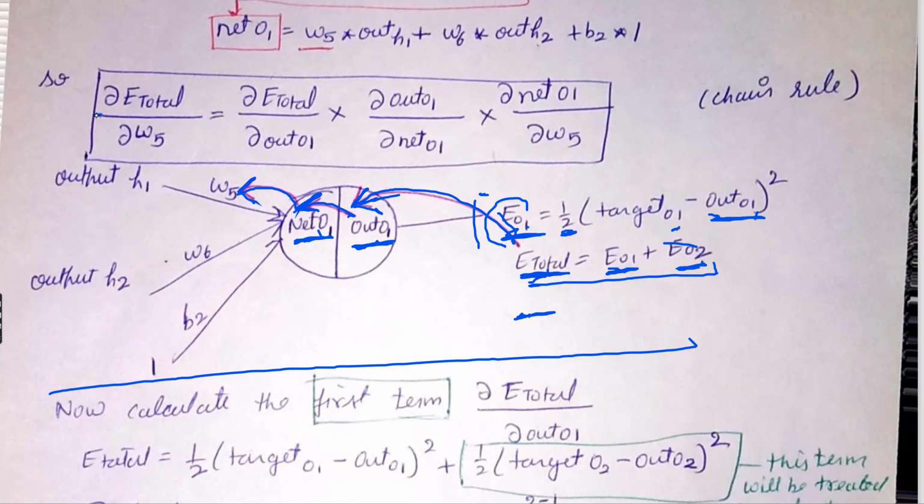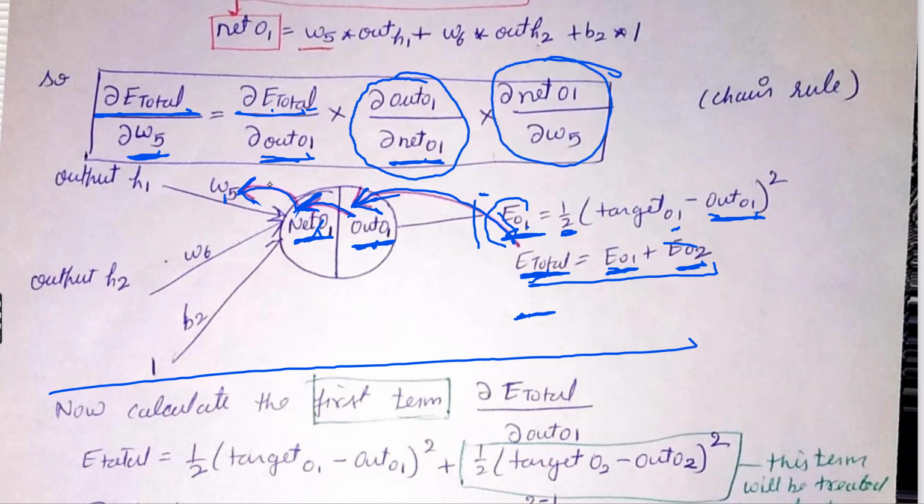So for calculating the partial derivative of E total with respect to W5, first of all, we partially differentiate E total with respect to output O1, and then we differentiate output O1 with respect to net O1. Then we will differentiate net O1 with respect to W5.